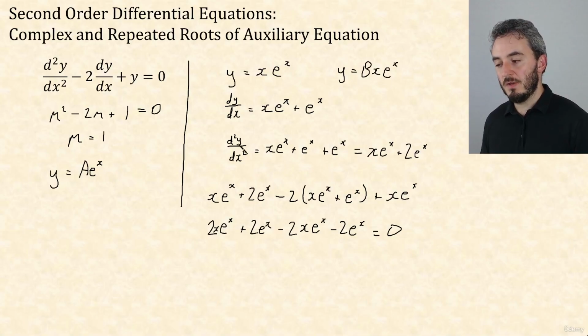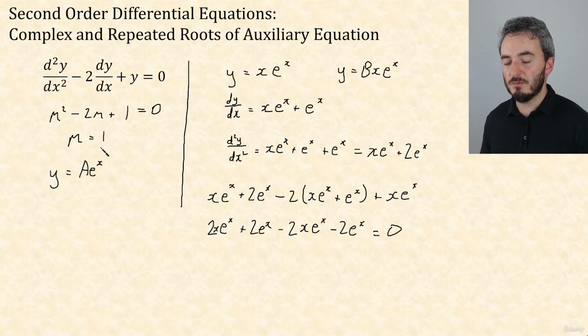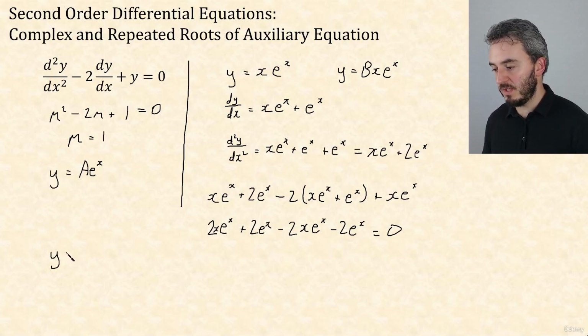So what we can say is that when we have a repeated root, you do get your e to the mx solution, but you also get x e to the mx. We can say the general solution in this case is e to the x brackets a from here and bx from here.